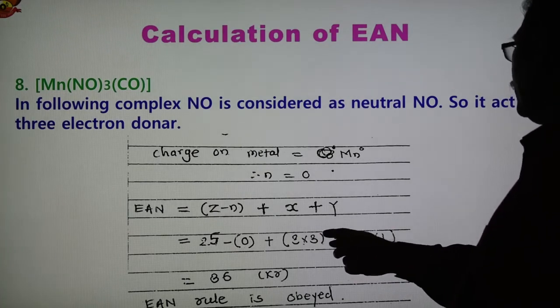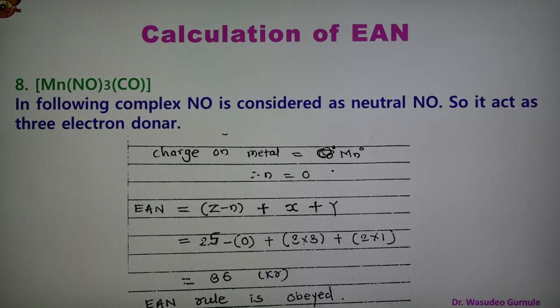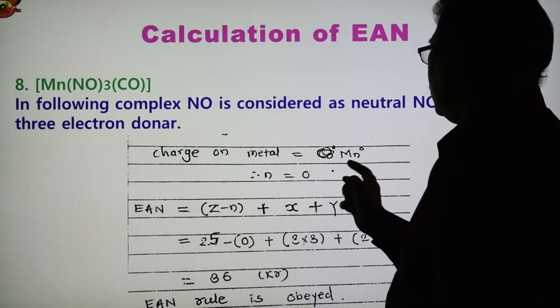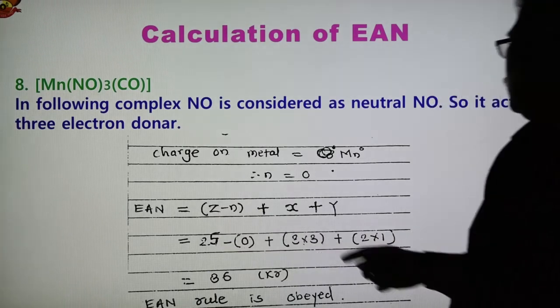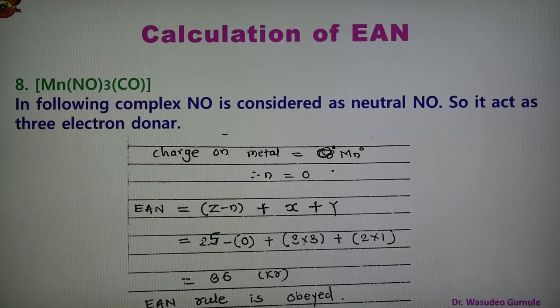So 25 plus 9 is 34, plus 2 is 36. Again the EAN value is 36, the atomic number of the next inert gas, krypton.